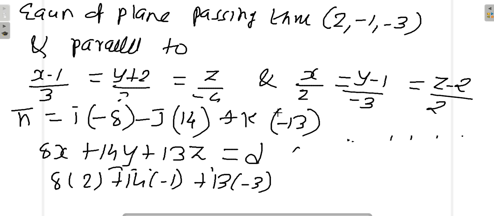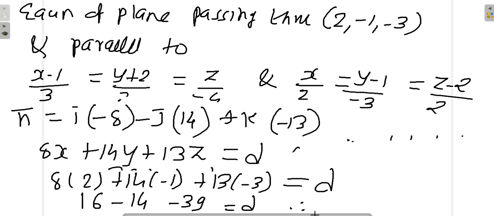The lines are parallel, they are not lying in the plane. That is why these points don't lie on the plane. So you'll get 16, and that gives you d as minus 37.